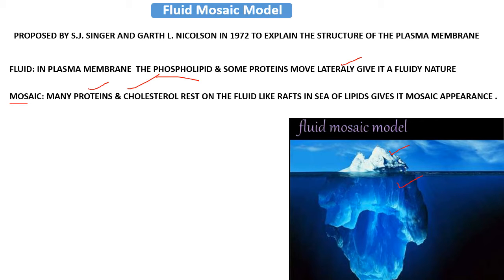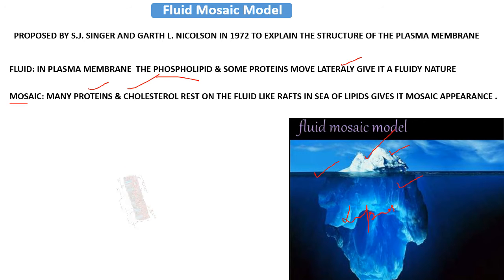We can take the sea as the lipid molecules and the icebergs as cholesterol and protein. The plasma membrane is made up of a sea of lipids, and cholesterol and some proteins act as rafts to give it a mosaic appearance.